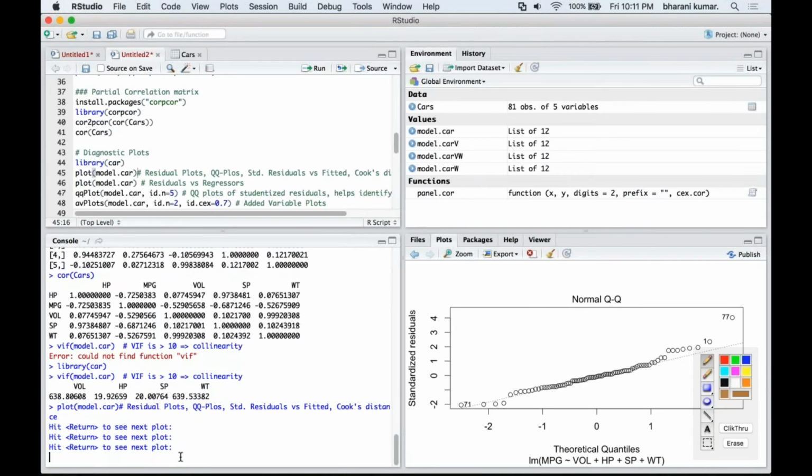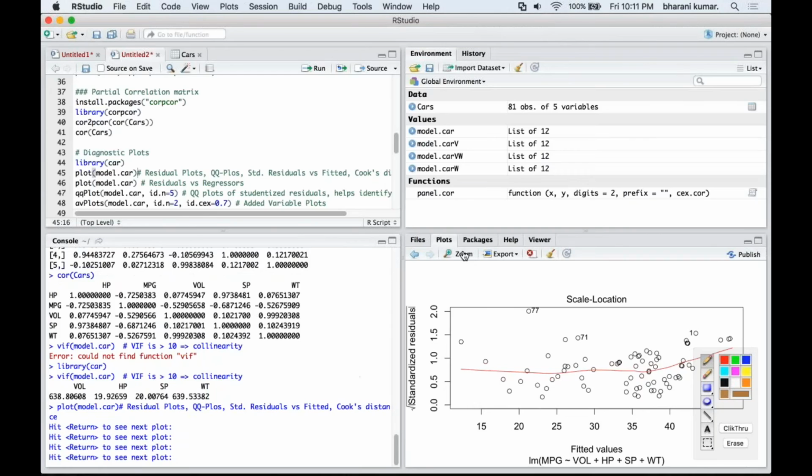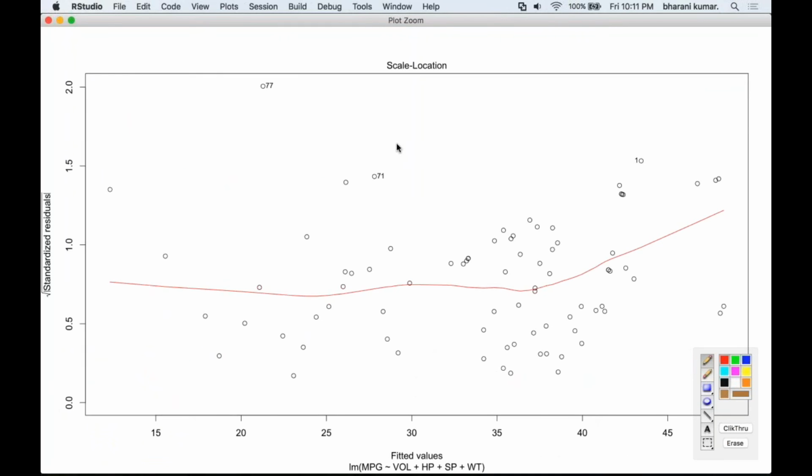Now let me enter. I'm also standardizing the errors. I think I have to also explain what standardization is. So I'm standardizing errors for now. Just remember that I'm making it unitless. When we standardize, we are making it unitless. I think I discussed this yesterday during PC.